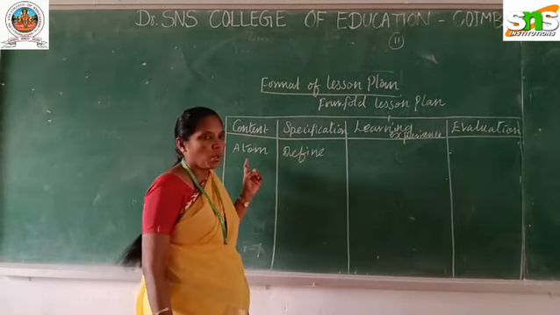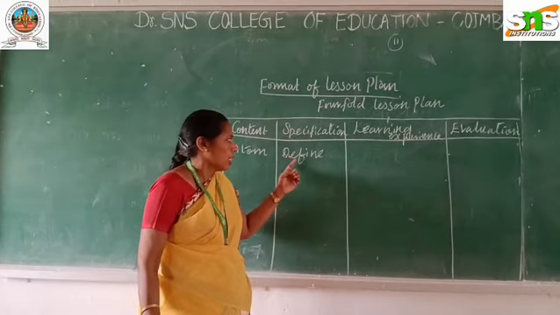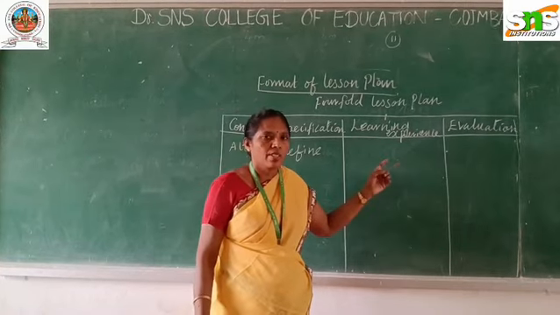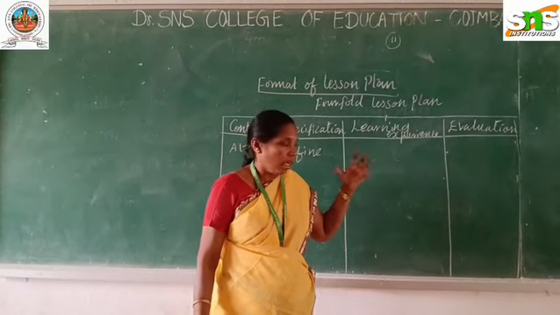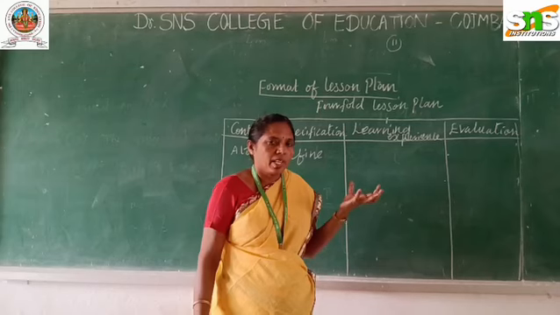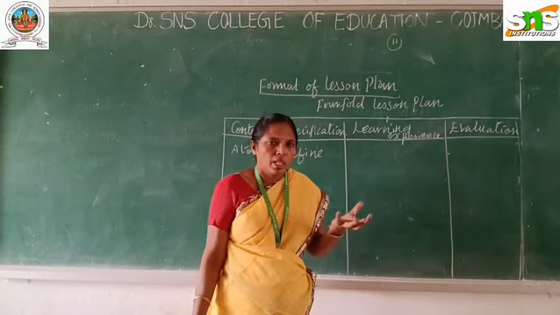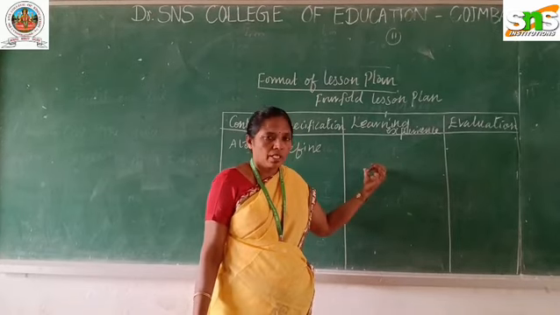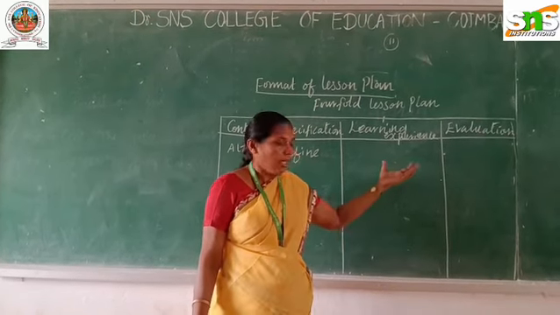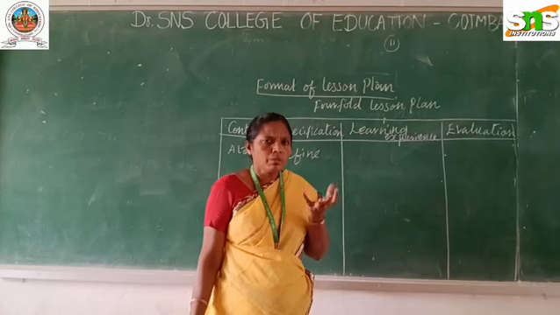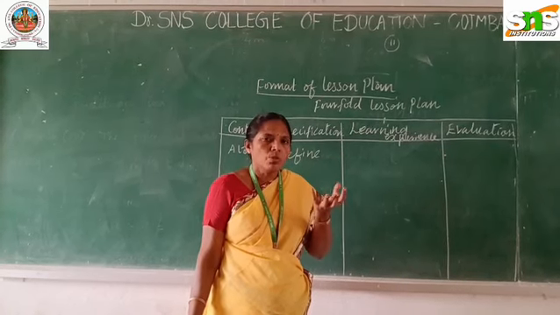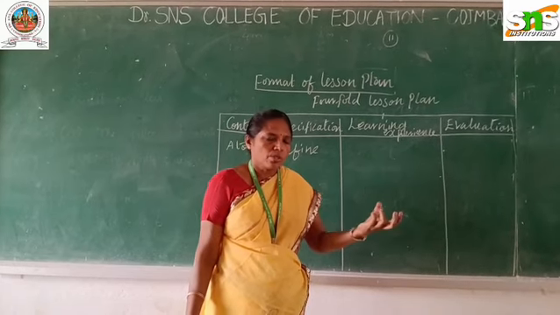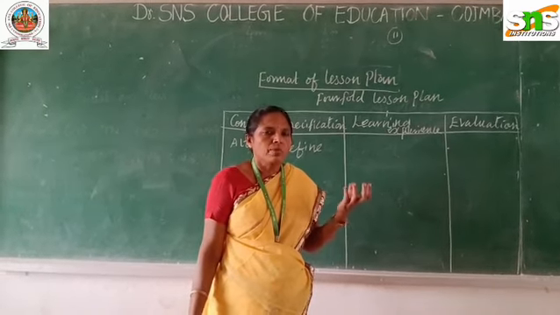Here the content is the topic, then you write the specification. Here you write how the teacher is explaining. You can say the teacher defines the atom with the help of a model or using a chart. If you show any model of the atom, the students observe or listen, and you can also write that the students draw the structure of the atom.